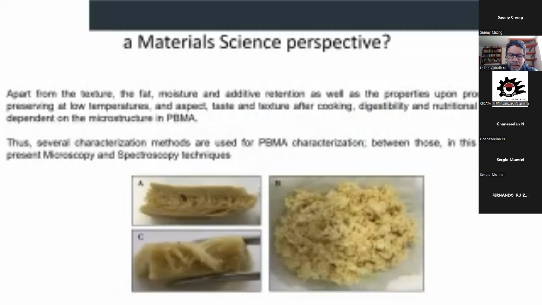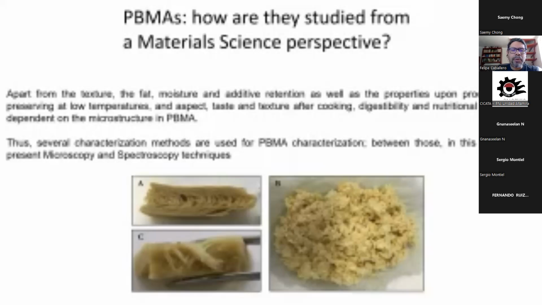But apart from the texture and the look, you look at this and say, okay, this is meat, but if you have tasted, for example, texturized soy meat, it doesn't have any flavor. You have to put all the spices there.